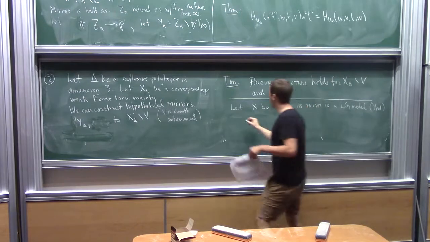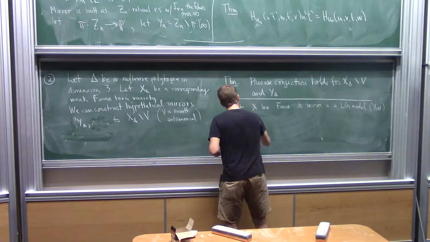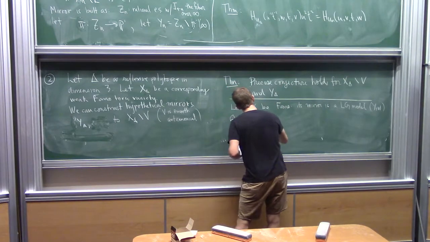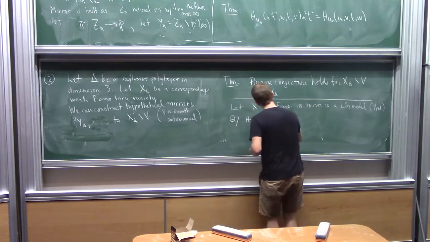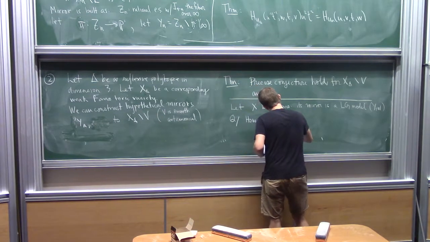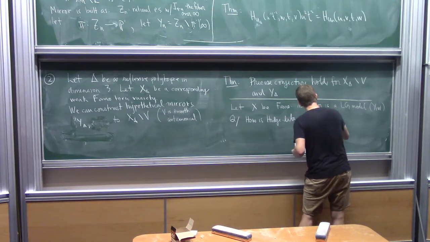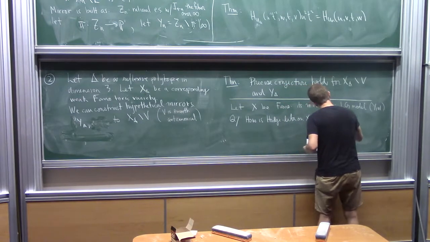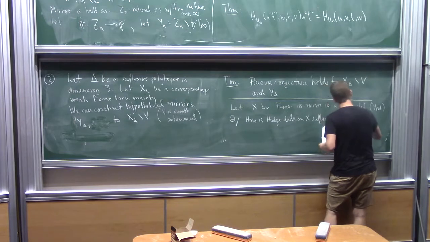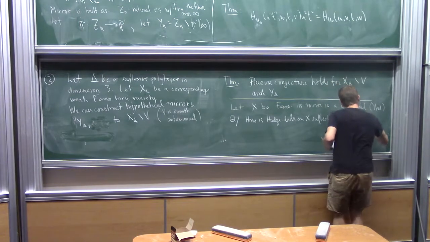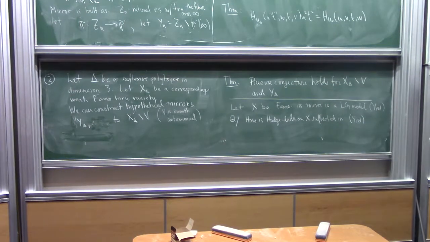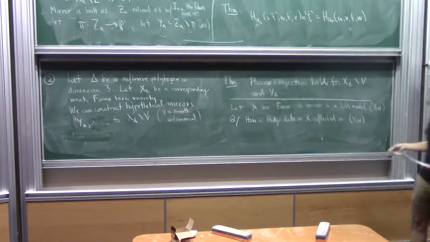So the question is how is the Hodge theoretic data on X reflected in (Y, W)? Okay, so that's the question. So we want to build some sort of Hodge theoretic data associated to Landau-Ginzburg models.